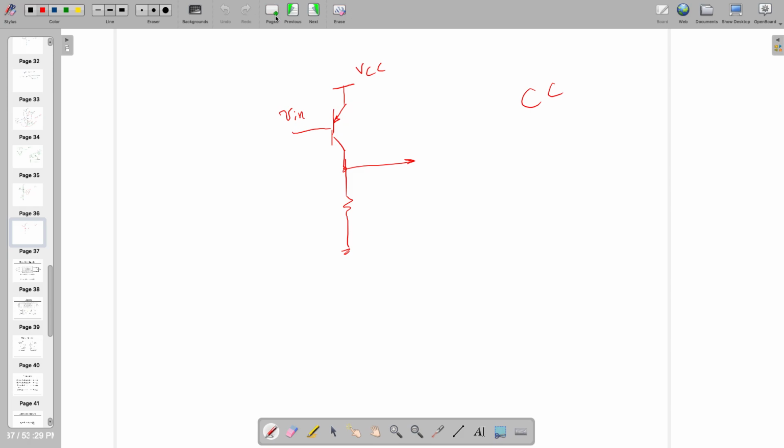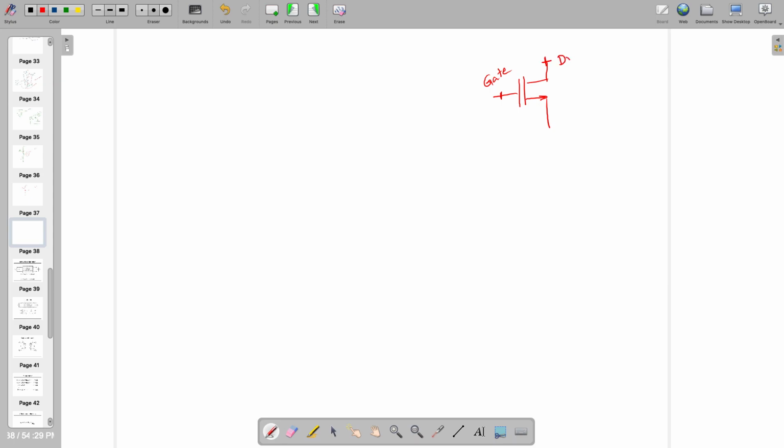Okay, I'll make some more circuit. This particular creation is known as MOSFET. This is called gate. This is called drain. And wherever you are seeing some pointing arrow, it's called source.